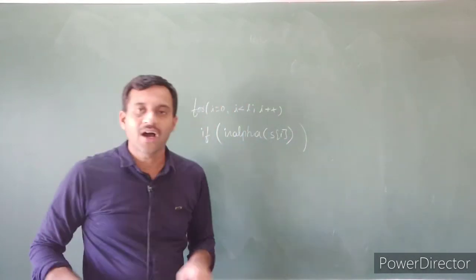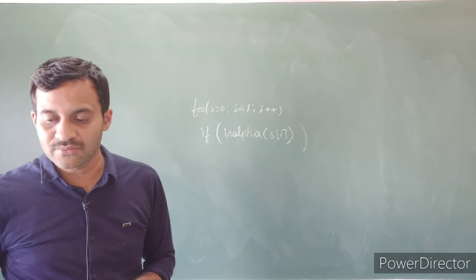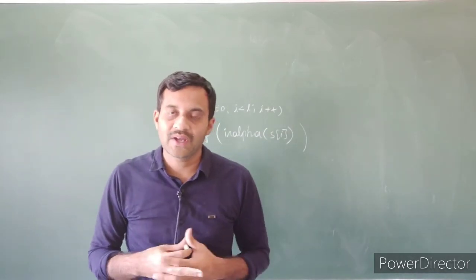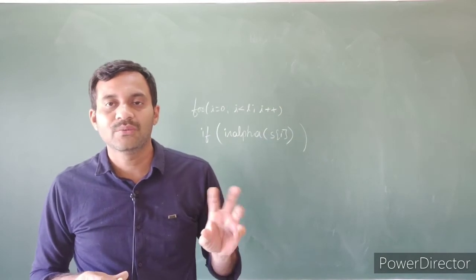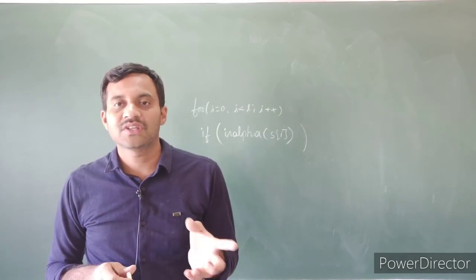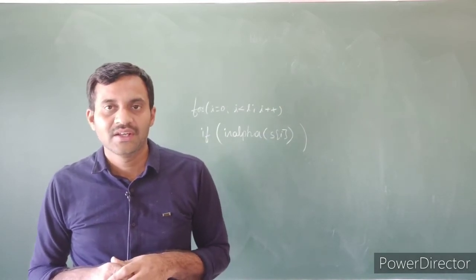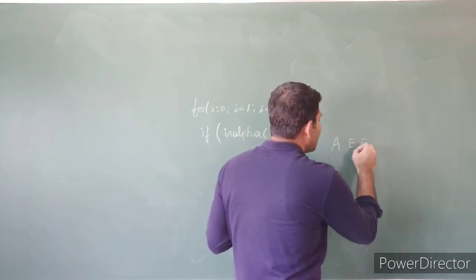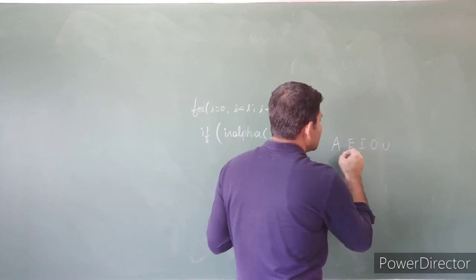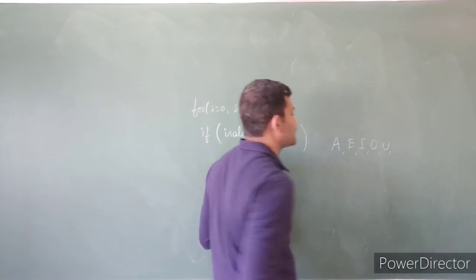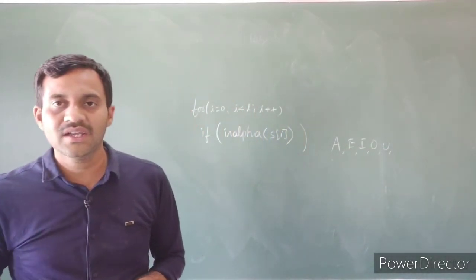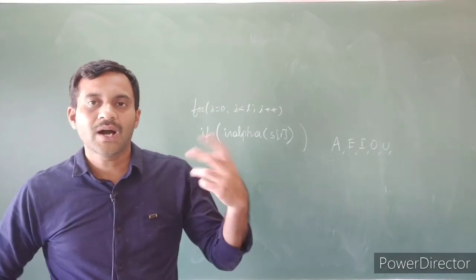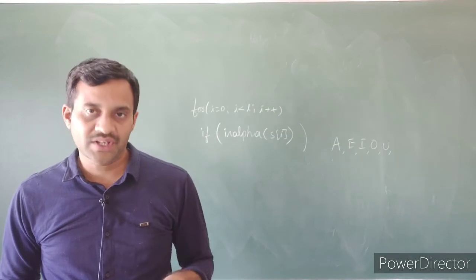If it is an alphabet, then we have to verify whether it belongs to the vowels or to the consonants. We know that vowels are A, E, I, O, U. In a given string, the letters may be in uppercase or lowercase.